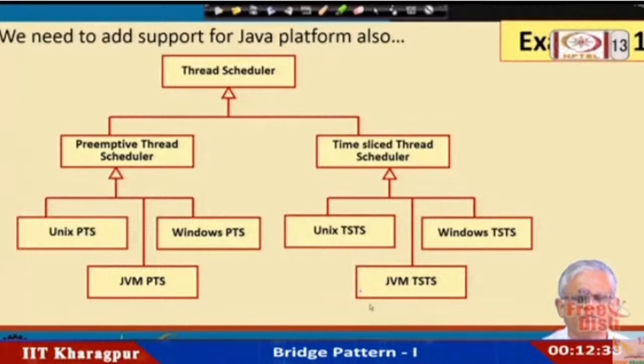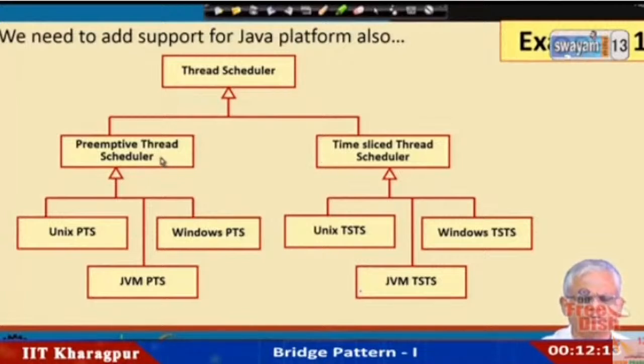We need to apply the bridge pattern, separate out the abstraction and the implementation and provide a bridge between them. Now, what is the abstraction here? The abstractions are the different types of thread schedulers. It's very easy to see here, in a simple example, that there are two basic types of thread scheduler.